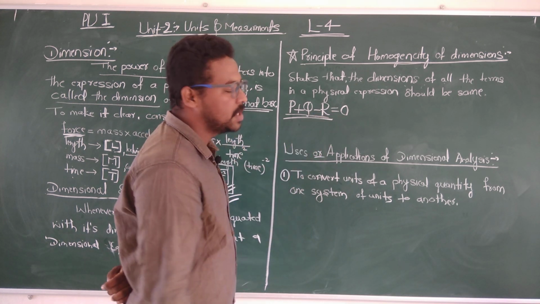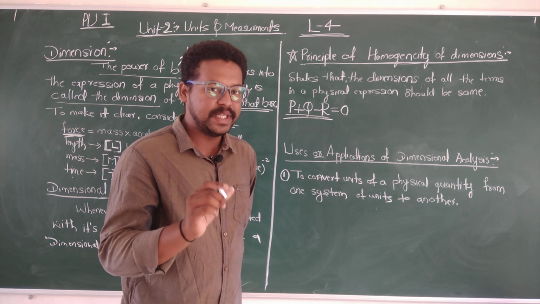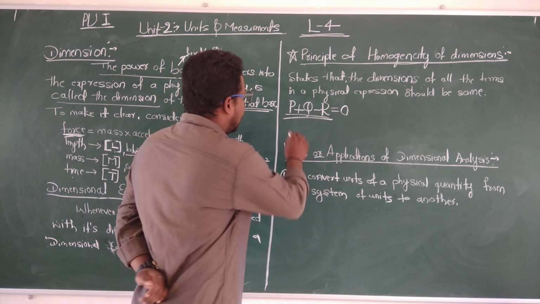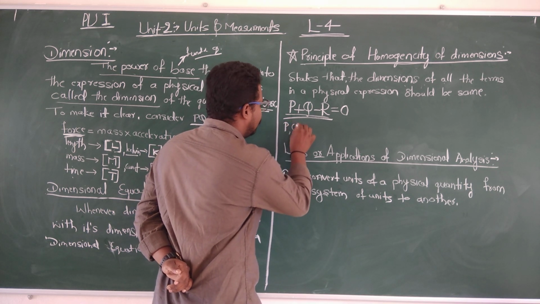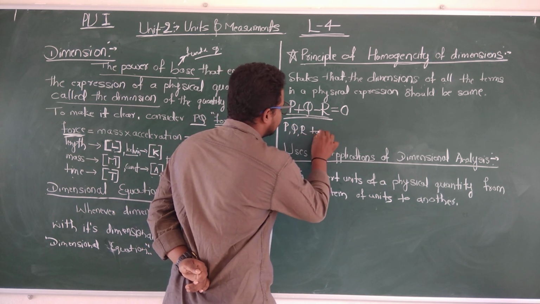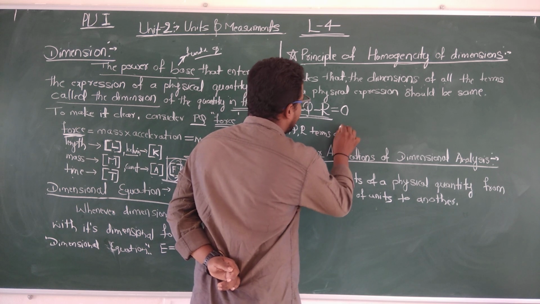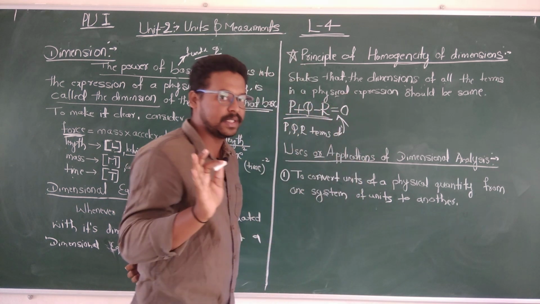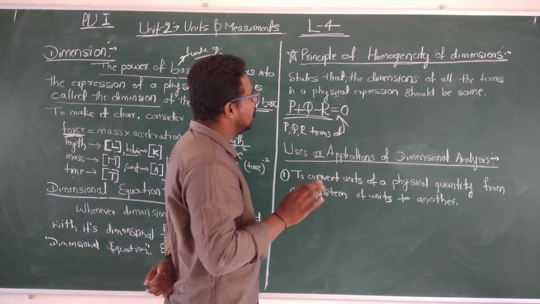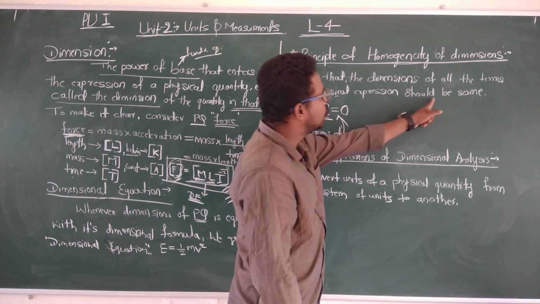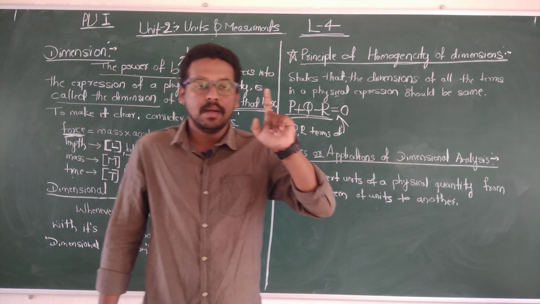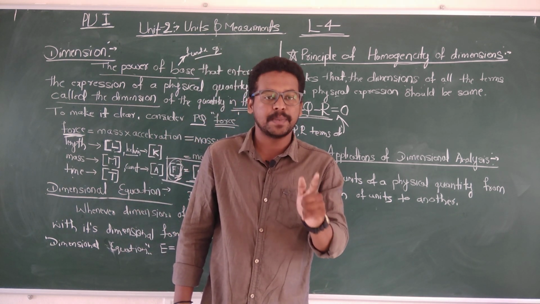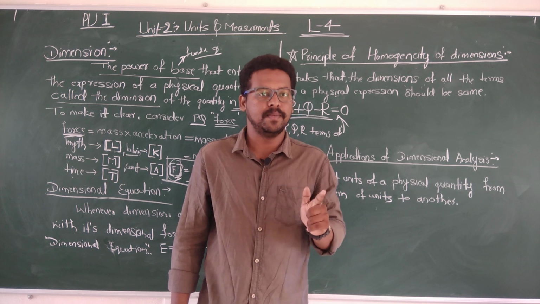So what does the principle of homogeneity give? Here P, Q, R are the terms of this physical expression. The dimensions of all the terms in the physical expression should be same.